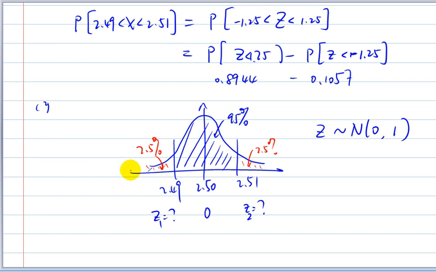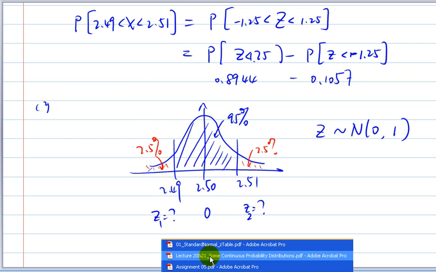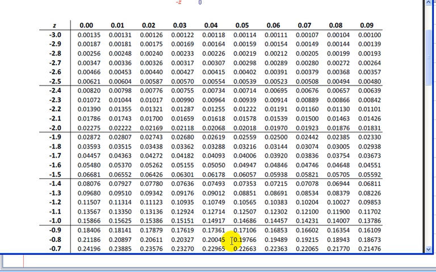So this is 2.5% up to this point here. Now it's easy to use the table. Let's look for 2.5%. Where's 2.5? Here.